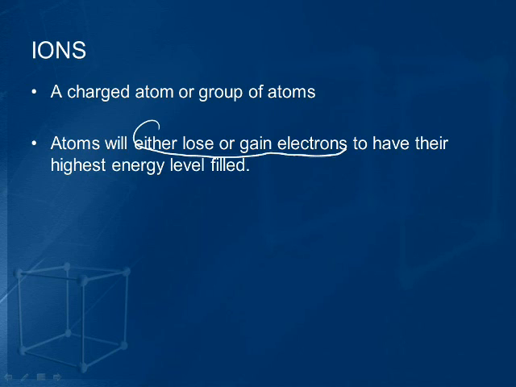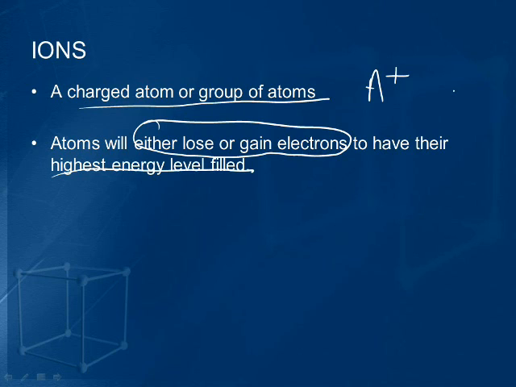Next chapter we'll talk about where they share electrons to have that noble configuration of 8 or 2. So atoms will either lose or gain electrons to have their highest energy levels filled, and they become a charged group of atoms. So an atom will be positive or an atom will be negative.